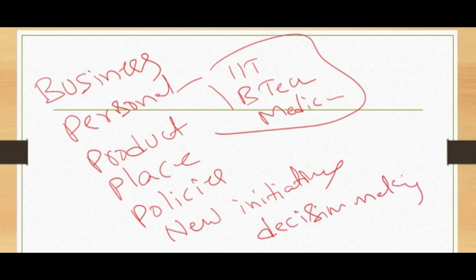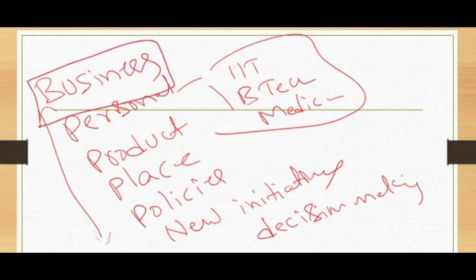So obviously we are doing this for all these categories only for the purpose of decision making, right? For example, let us look at this SWOT analysis from a business point of view.